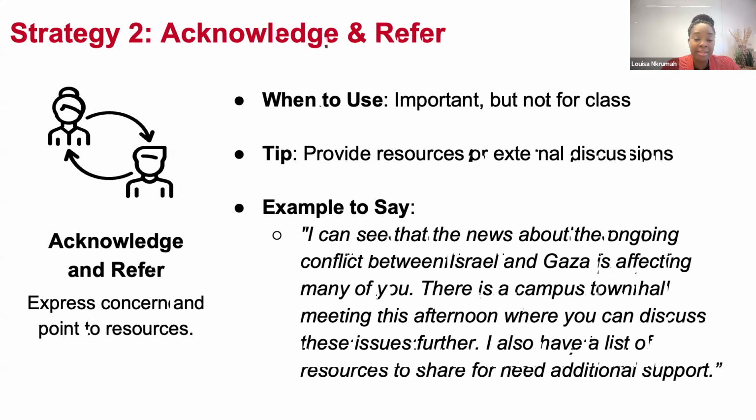But if you can't make it to that town hall, I'm going to send you some resources for additional support. So you're validating students' concerns without taking away from your course content and the lesson that day, and you're not completely ignoring the fact that this is important to them.